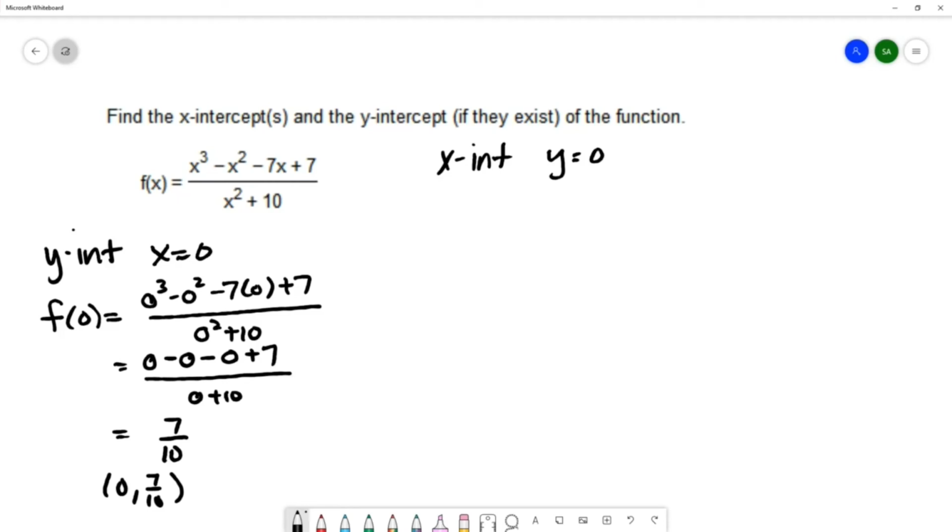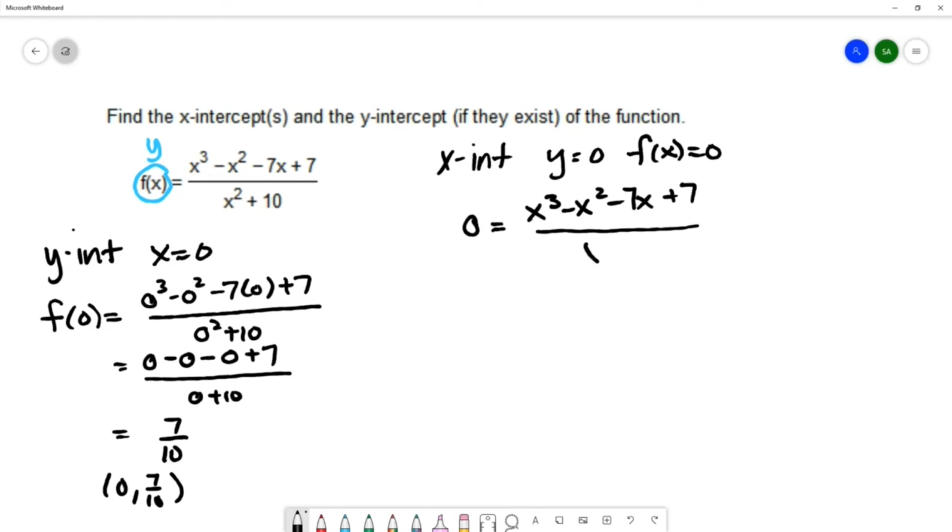Because it's in function notation, this f of x is representing y. So we're going to be setting f of x equals 0. That would give us the equation 0 equals x cubed minus x squared minus 7x plus 7 over x squared plus 10. And we want to solve this equation.